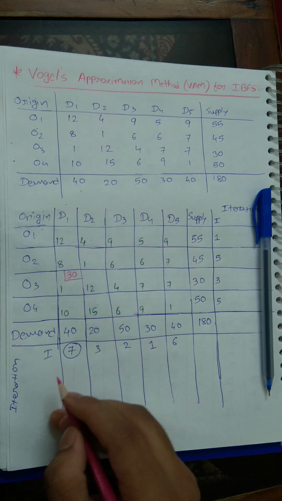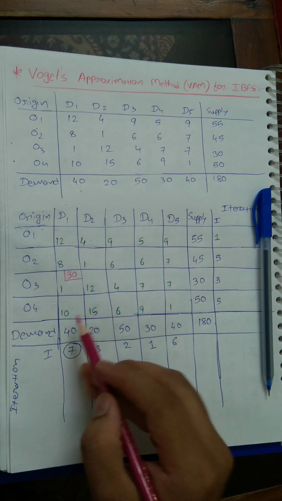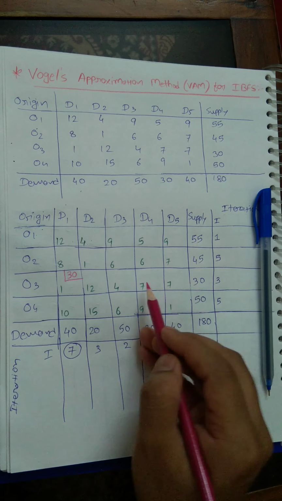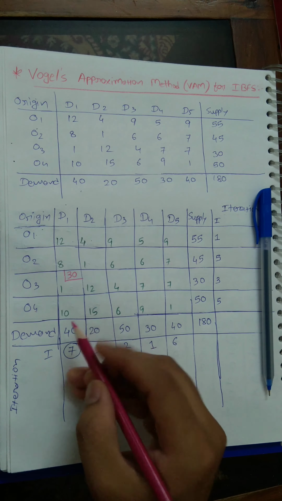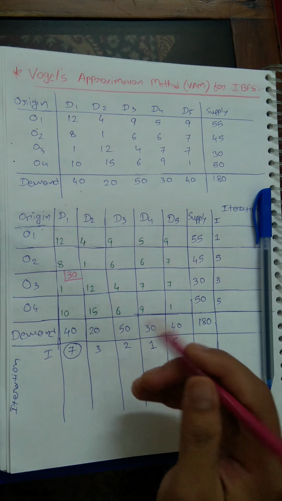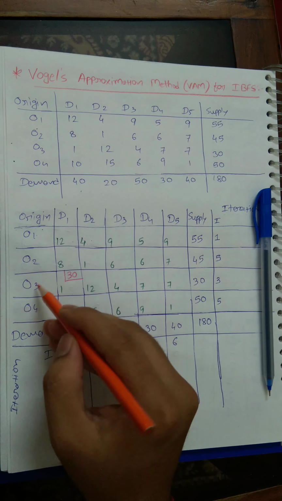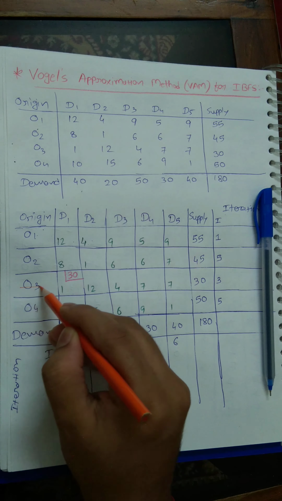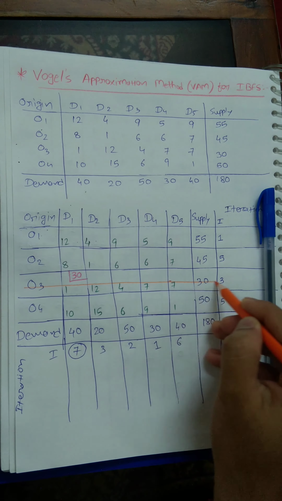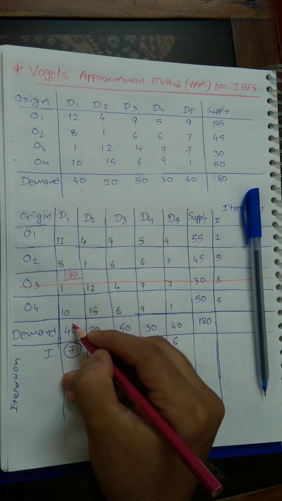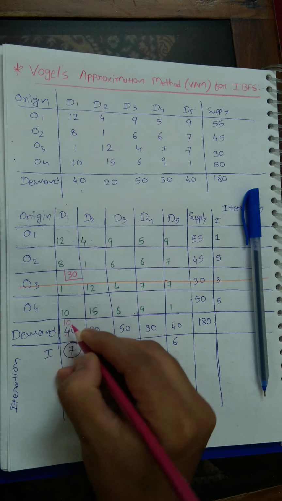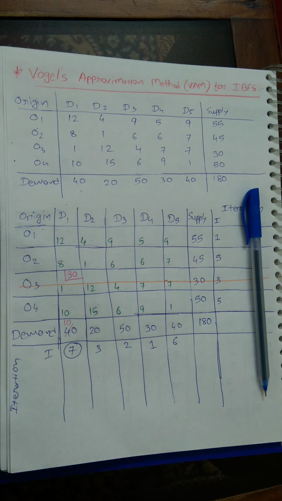Now row O3 will be eliminated. I am cancelling the O3 row because the supply is over, and the remaining demand at D1 will be 40 minus 30, which is equal to 10. So this is for the first allocation.